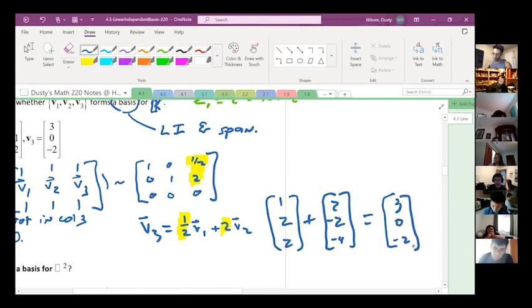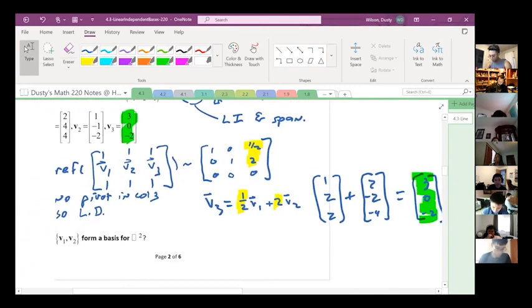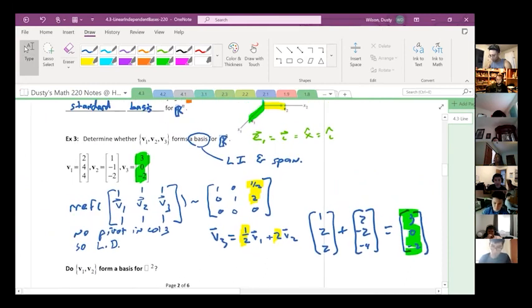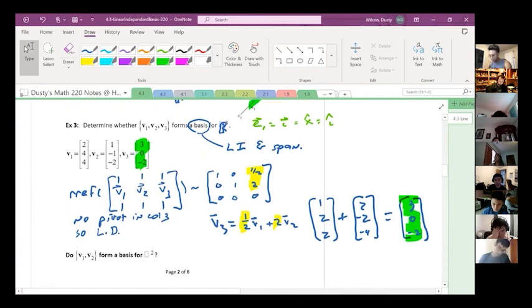Equals the V3. Yeah, and as Alex and Megumi said, our conclusion is that this is not a basis.